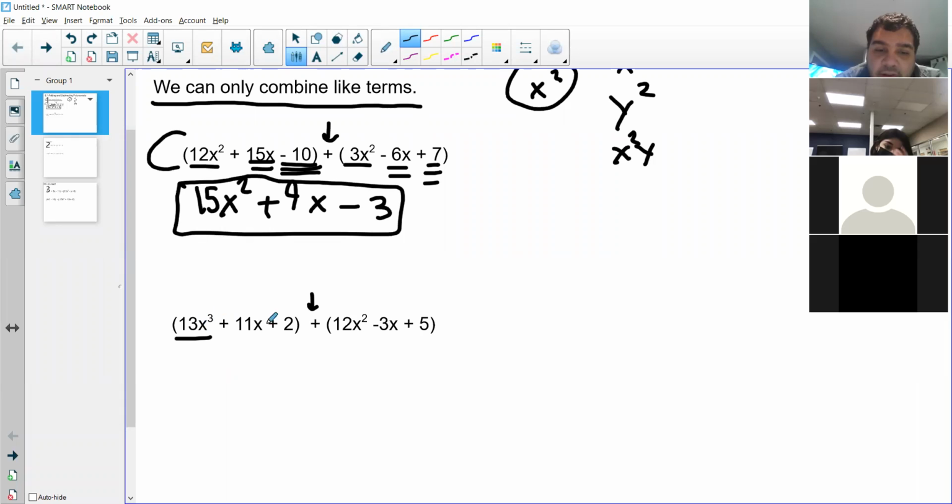I look left and look right, and I notice there is nothing else with 13x to the third. Because there is nothing else with it, it gets added to nobody. So it's just going to be 13x to the third. Nothing gets added because there's no other x to the third in the whole question.